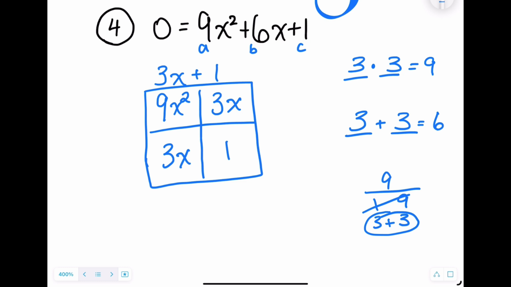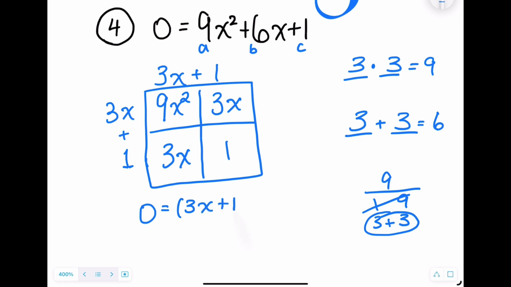They can both divide by 1. Now looking across the top row, we see that both terms can divide by 3, and they both divide by x. So we have 3x. And the terms at the bottom have nothing in common, so we're going to say plus 1 again. And now we have our factors.